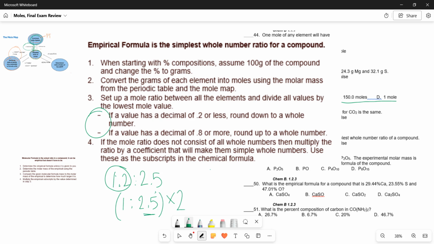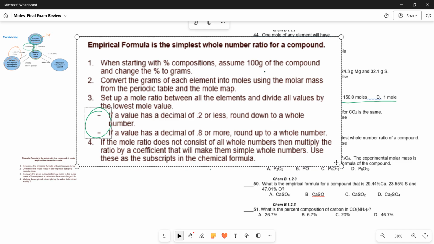In this case, it'll be a 2. So my new ratio, or my accepted ratio, is going to be 2 to 5. Okay, so this part, part 3, is a little trickier. Would I include something like that on my test? Maybe if it was a more advanced class. And so once I get those whole numbers, those become my empirical formula ratio.